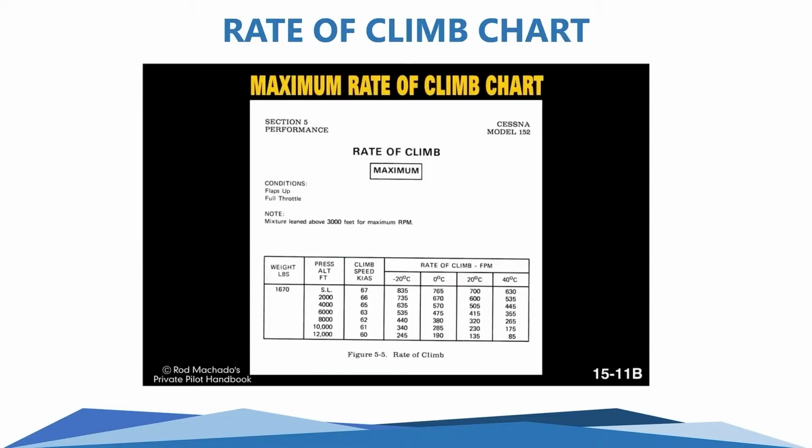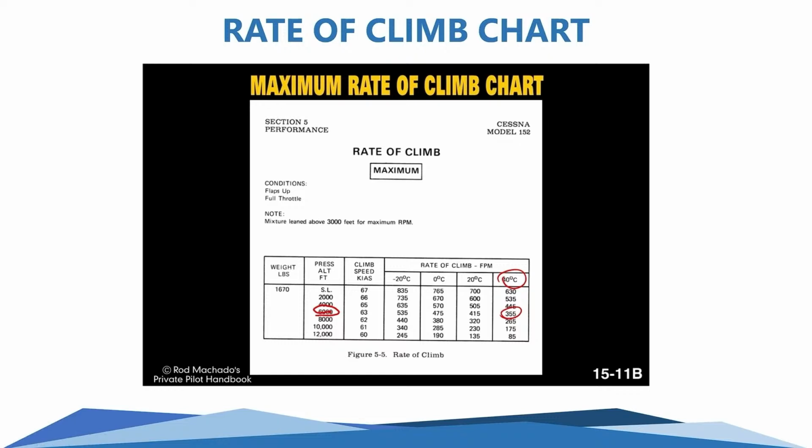All right, so we looked at the rate of climb chart. The rate of climb chart is a great chart to use if you have a specific density altitude, or if you're trying to figure out whether you can climb above something. This chart takes density altitude into account. If you're taking off from an airport that's at 6,000 feet and it is 40 degrees out, you can look at your climb rate of 355 feet per minute and figure out whether you're going to be able to climb out of the area that you're in.